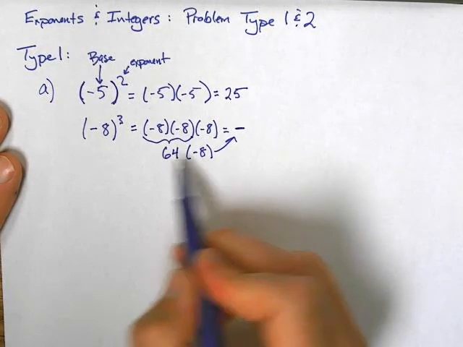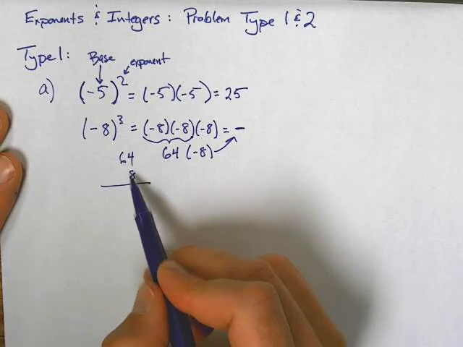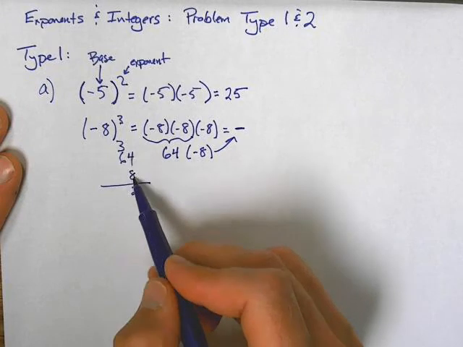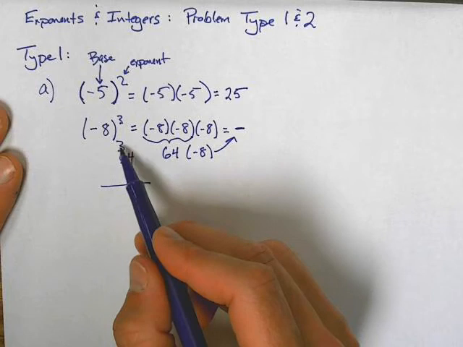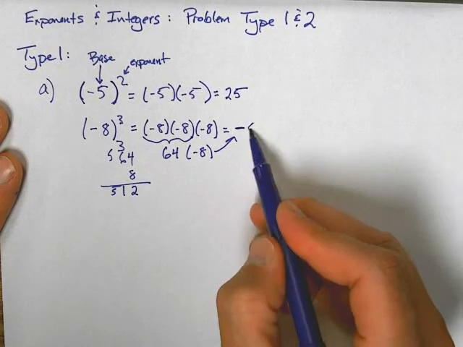Now I have to multiply 64 times 8. 4 times 8 is 32. I'm going to carry the 3, and 8 times 6 is 48. 48 plus 3 is 51. So it'd be a 1 and carry the 5. So it's 512, but -512.